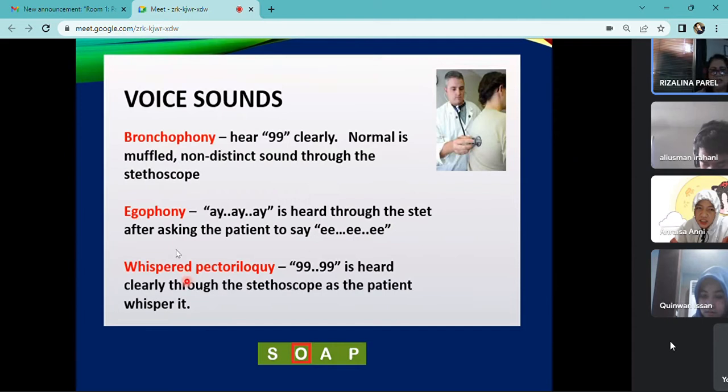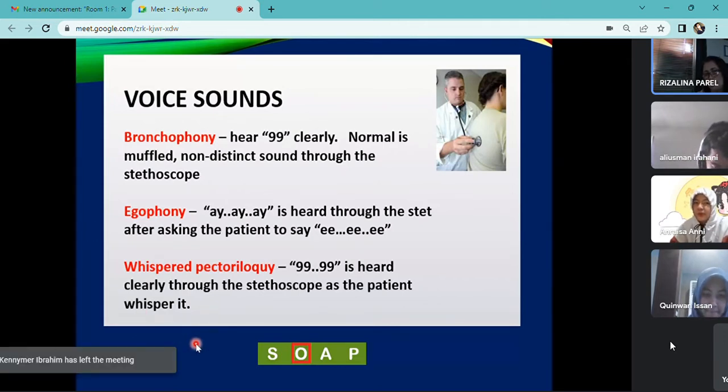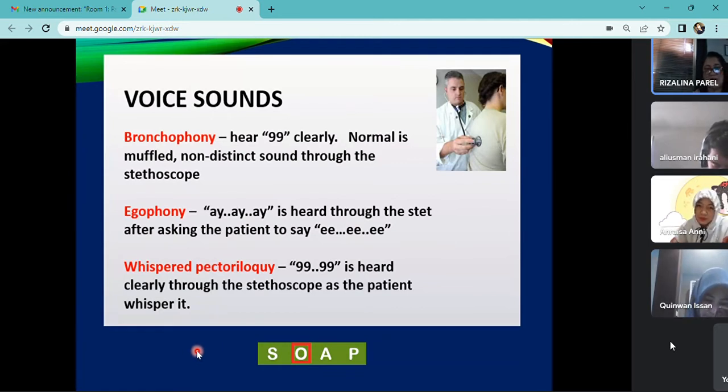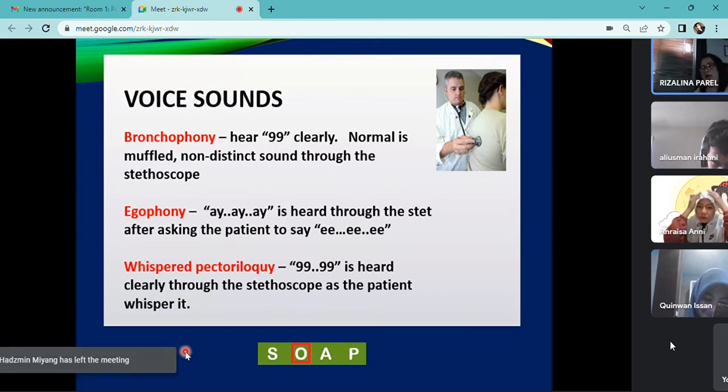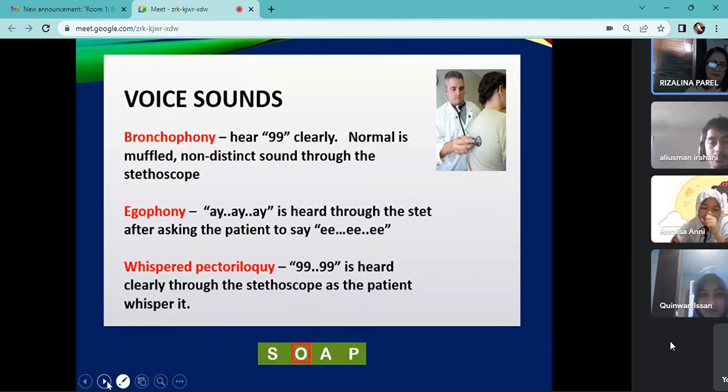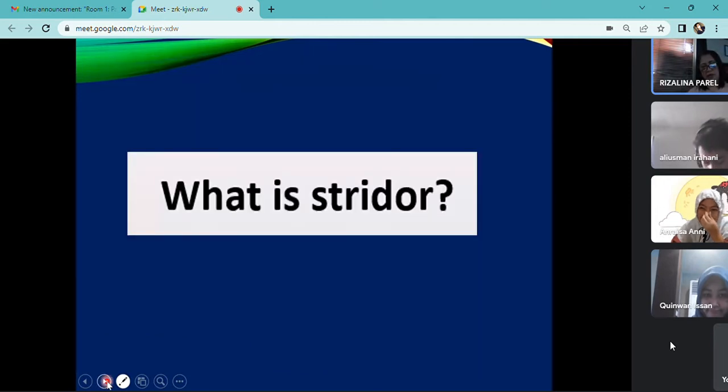This is further assessed after the breath sound assessment, if the doctor suspects lung consolidation, or it can also be for cavitation. We do not do this, but it comes out in the board exam.